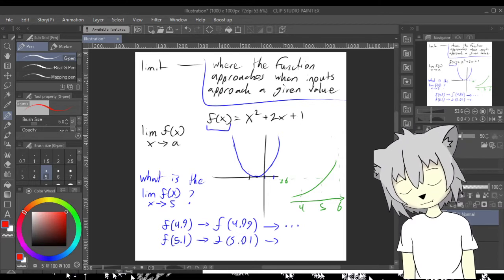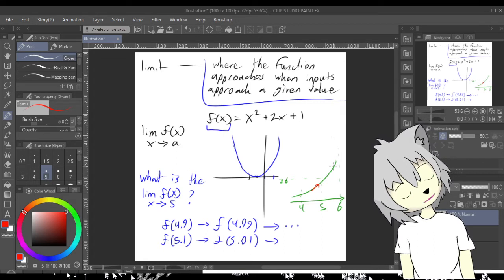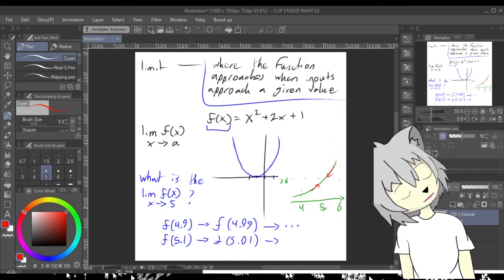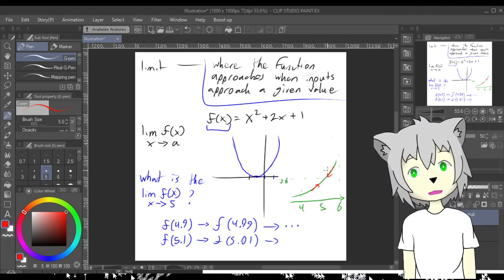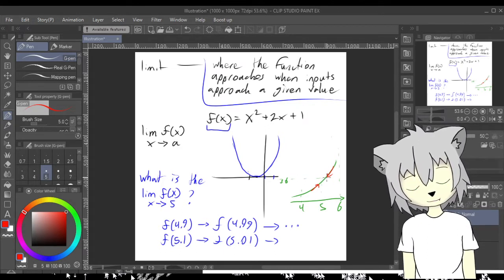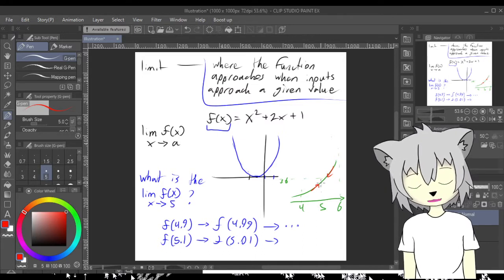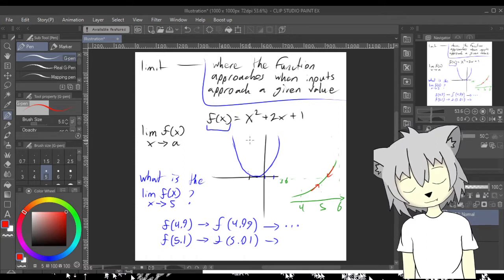We're basically trying to find the value as we approach 5 here, as x approaches 5. That's what I mean by that. We're just getting closer and closer to 5. And of course, you may be thinking, then why don't we just plug 5 in and get 36 out?